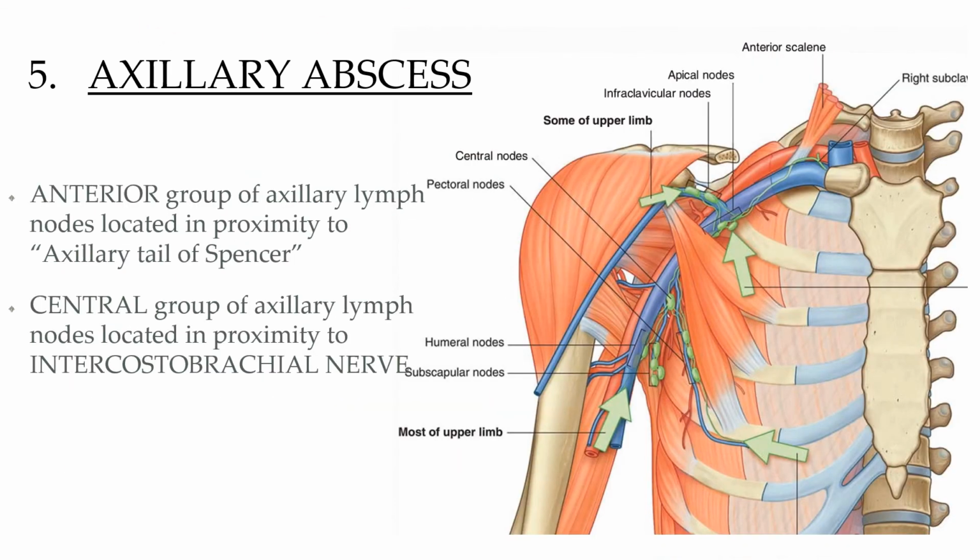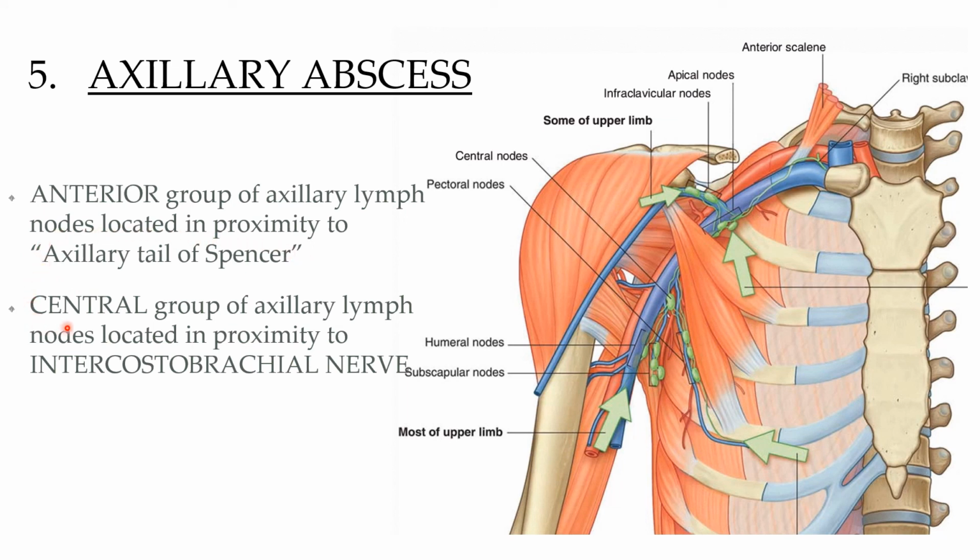We know that the anterior group of axillary lymph nodes are located in close proximity with the axillary tail of Spencer, and hence any enlargement in the anterior group of axillary lymph nodes may be misdiagnosed as an enlargement related to the axillary tail of Spencer.